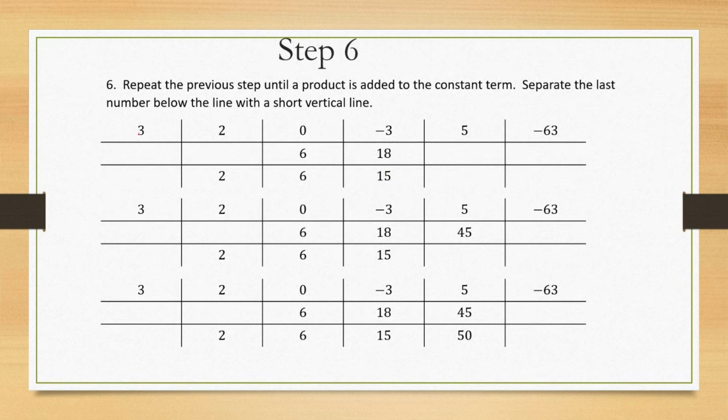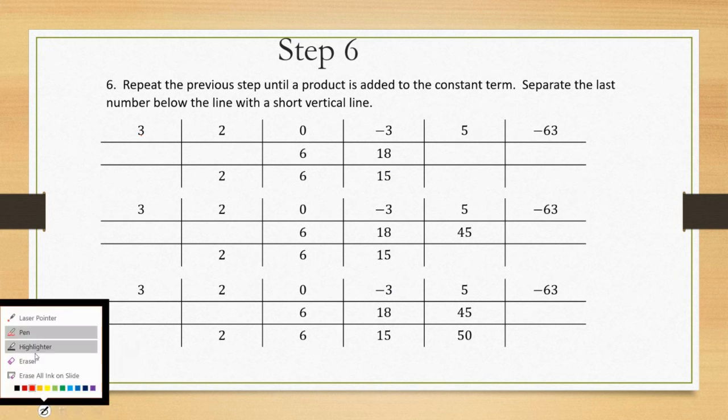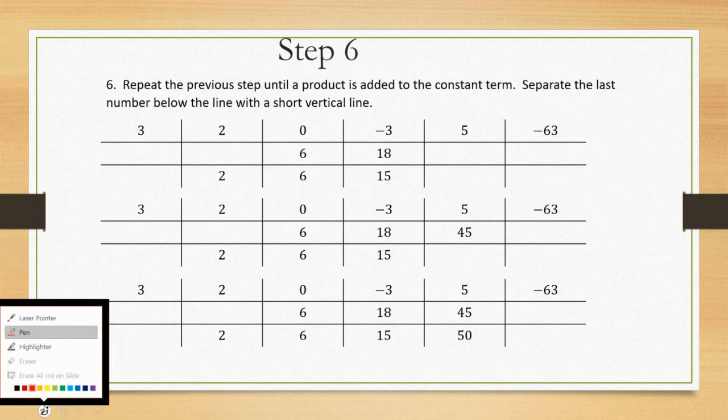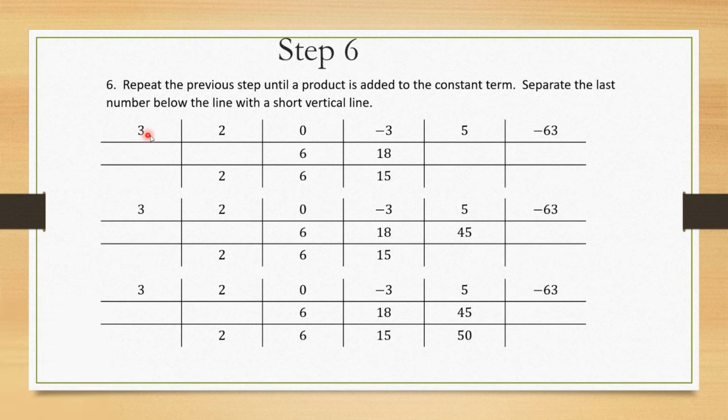Then you're going to take the 3 and multiply it with this 15. You get 45. 45 goes here, and then you add it with the number above it. In this case, you get 50.